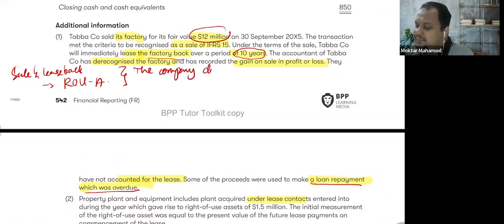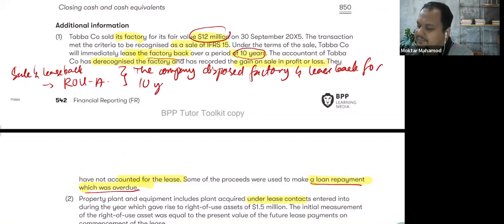The company disposed a factory and leased back for 10 years. Okay, so the company should recognize right of use asset.